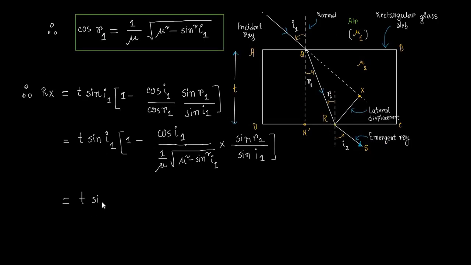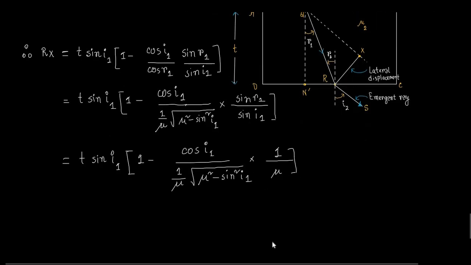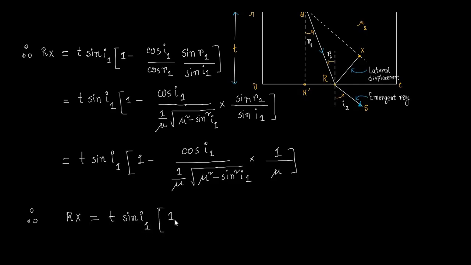Therefore T sin I1 into 1 minus cos I1 divided by 1 by mu root over mu square minus sin square I1, into putting the expression of sin R1 by sin I1, that should be 1 by mu. Therefore Rx is equal to T sin I1 bracket opened 1 minus cos I1 divided by root over mu square minus sin square I1.